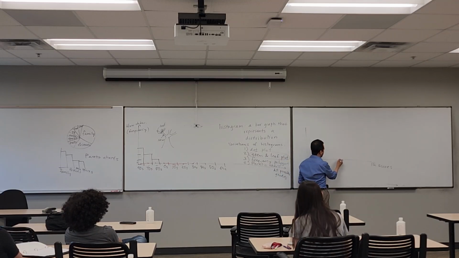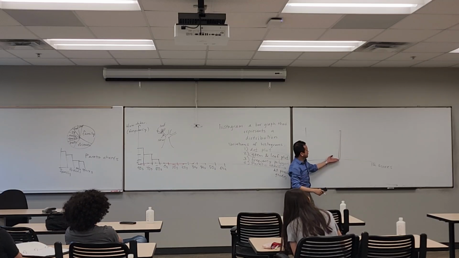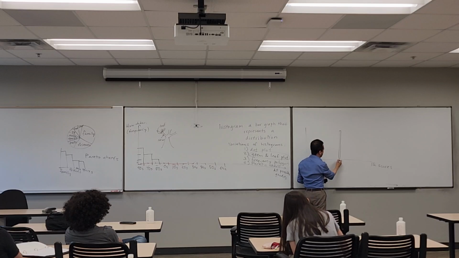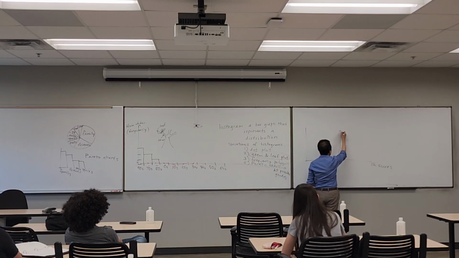And let's say that we plot that as a histogram, and that's going to be plotted, let's say, like this. So there's going to be a large number of people who have an IQ score between 100 and 101. And then let's say that we do that for all IQ scores.